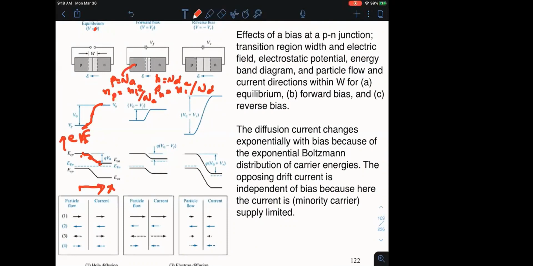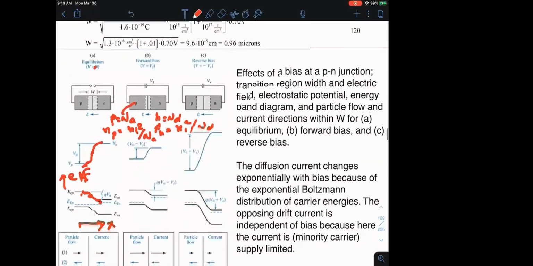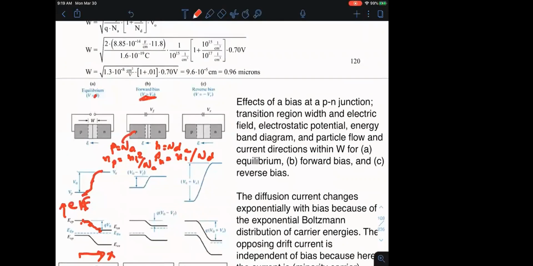All right, now let's look at the second column, which is the case with forward bias, V equal to V_F. Now, if I apply a forward bias, with the positive terminal of the battery connected to the P side and the negative terminal connected to the N side, what will happen is, because the band diagrams are electron energy minus q times V, the N side energies will go up, while on the P side, electron energies will go down.